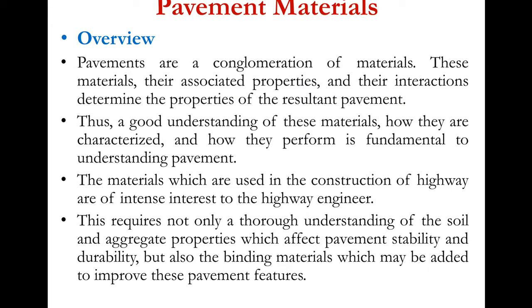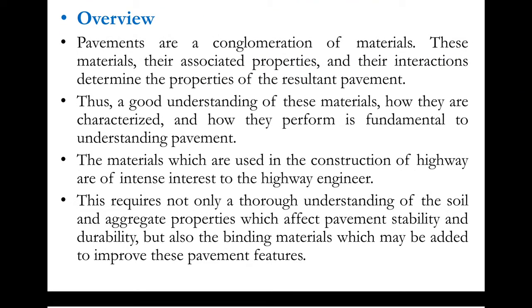So pavement is nothing but a conglomeration or a group of different materials. And what determines the characteristics of the pavement? The properties of these materials and their interactions, the interaction between any two or more materials.